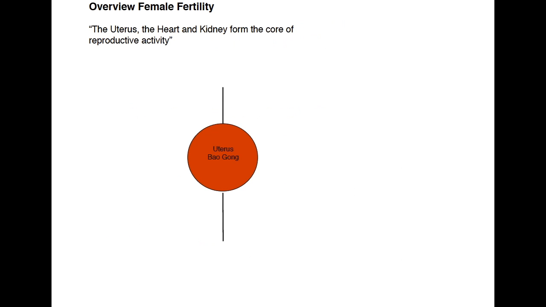Okay, the uterus, the heart and the kidney form the core of reproductive activity. This is particularly for women, obviously with the uterus, but as we'll find out, it also affects male fertility, the kidney and the heart meridian. We've basically got the uterus at the center of the whole story, and that's called Bao Gong in Chinese, and that links the heart and the kidneys together.